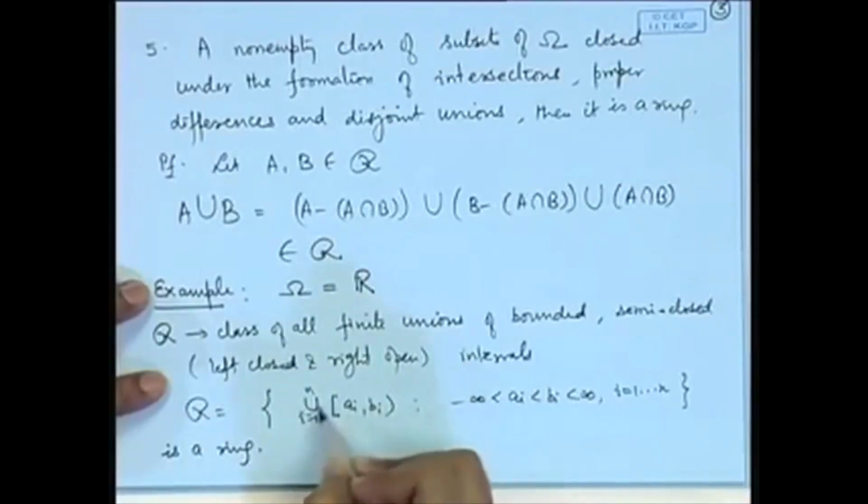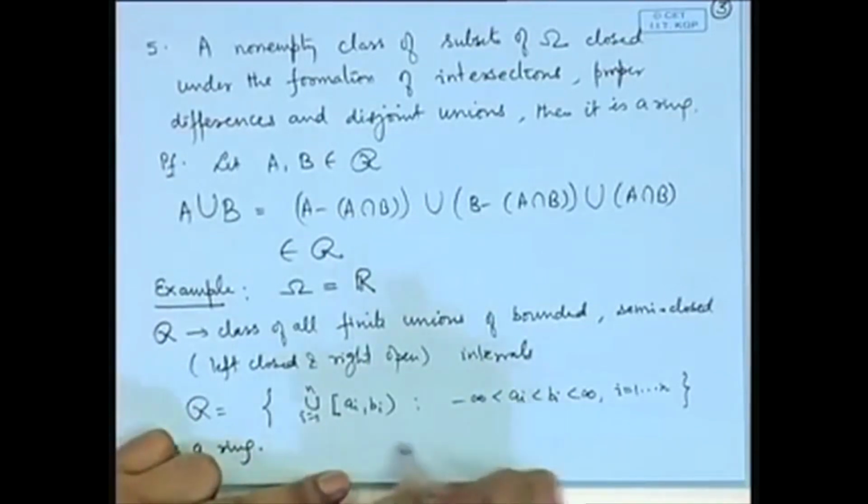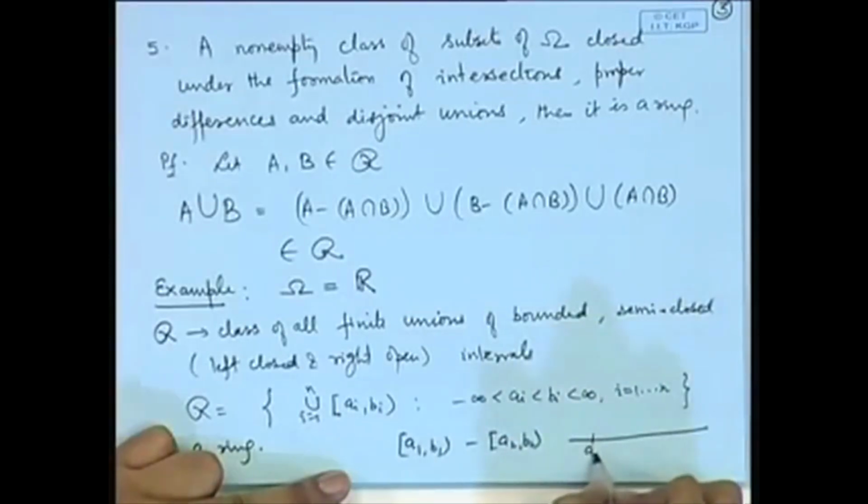Suppose I consider two such finite unions, then their union will again be a finite union. If I take, say, a difference, let me explain the difference. Suppose I take only [a1, b1) minus [a2, b2). You draw it on a line. Suppose this is a1, this is b1, this is closed, this is open.